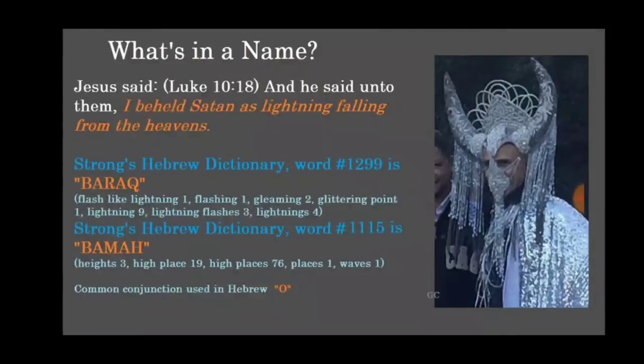In Hebrew, what Jesus said was lightning falling, which is barak, or lightning flashing or falling is barak. And then u is the transition from, okay, you say it as u. And then from the heavens or from the heights is Bama. So if you have lightning falling from the heights or lightning falling from heaven, it's Barak U Bama.